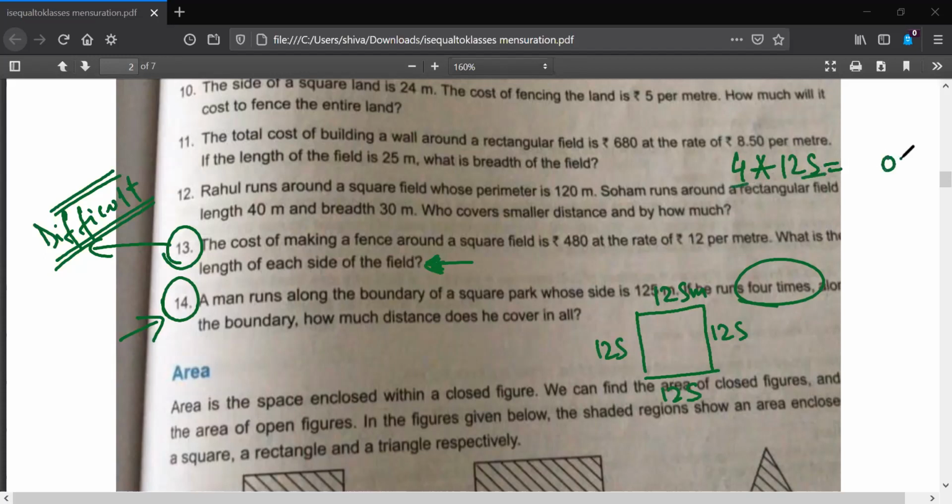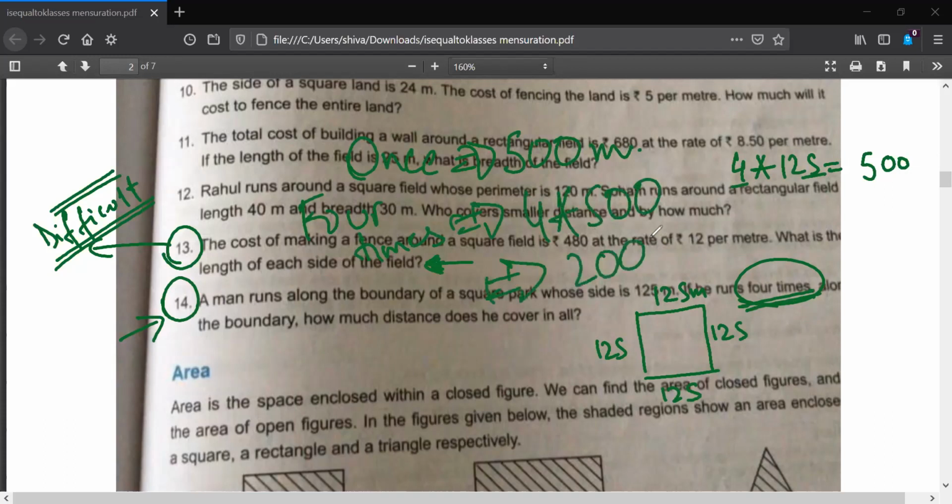When he runs once, he covers 500 meter. And if he runs 4 times, then he would cover 4 into 500 is equal to 2000 meters. Any doubt, Mr. Sarthak? No, sir.